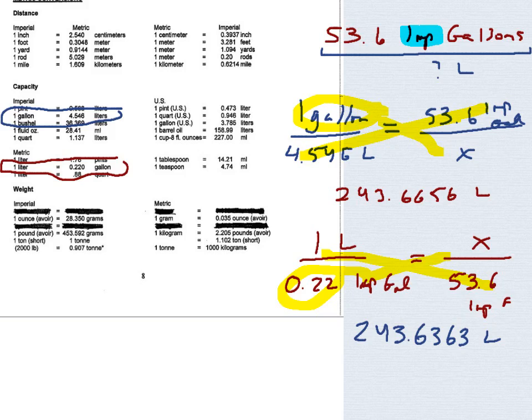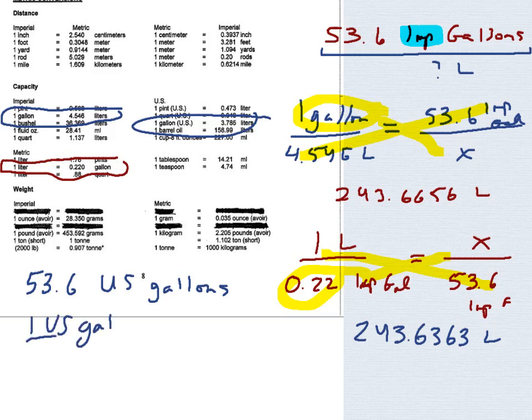If the question asks you to do it in U.S. gallons, just because we can, to show you there's a significant difference, 53.6 U.S. gallons, which are located on the right-hand side of the table, quite a bit different. 1 U.S. gallon is only equal to, so a new fraction, 1 U.S. gallon is equivalent to 3.785 liters.